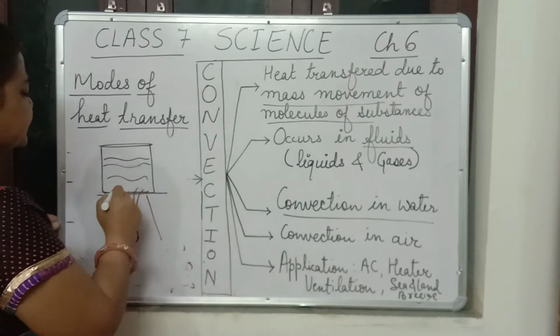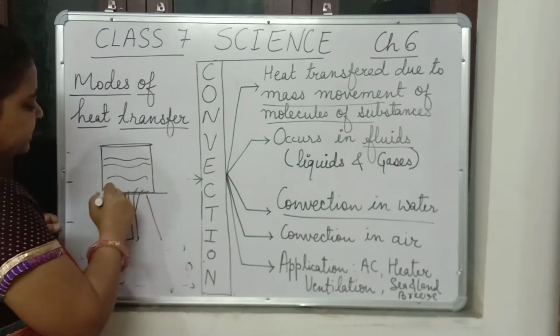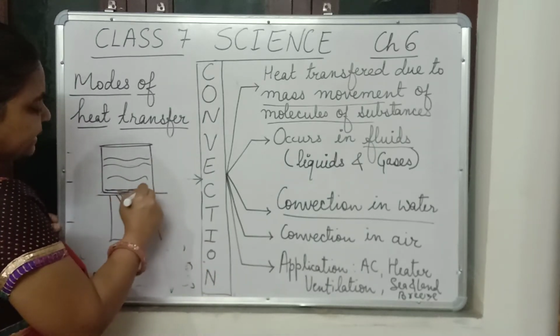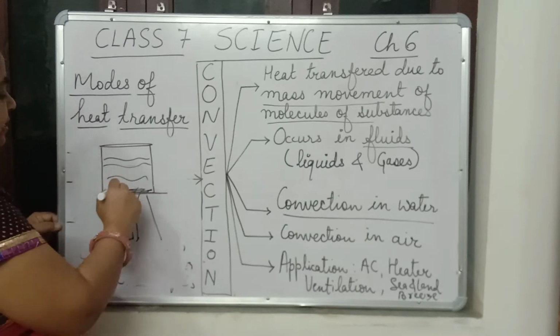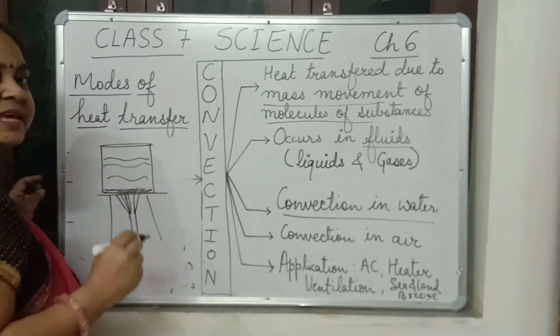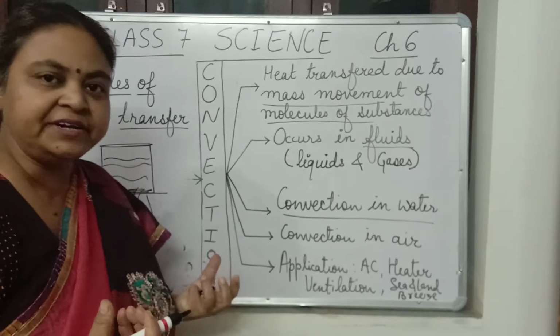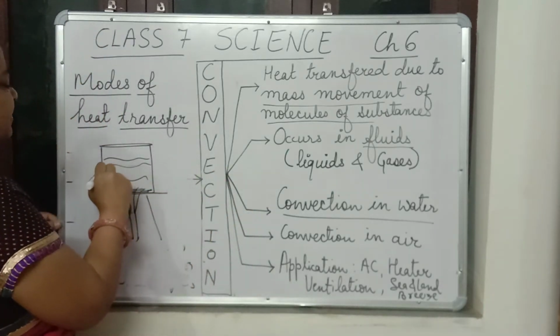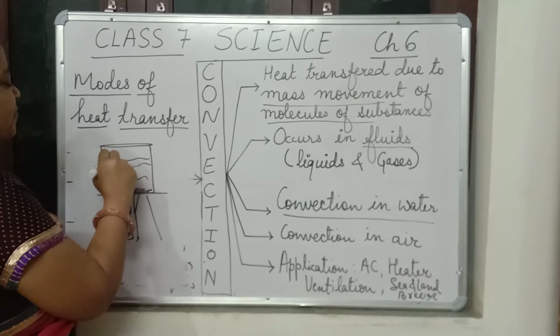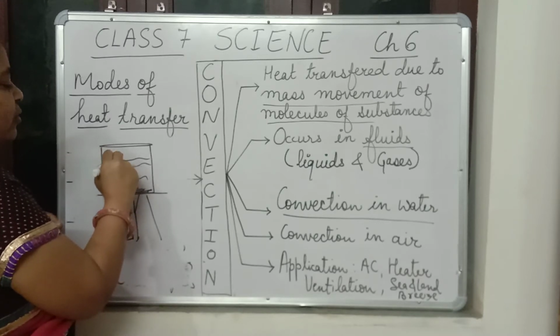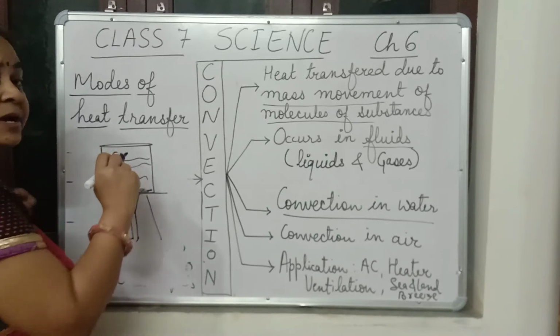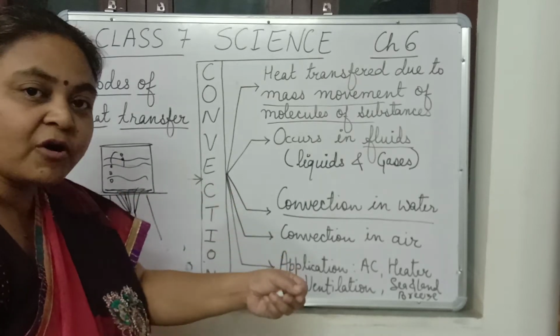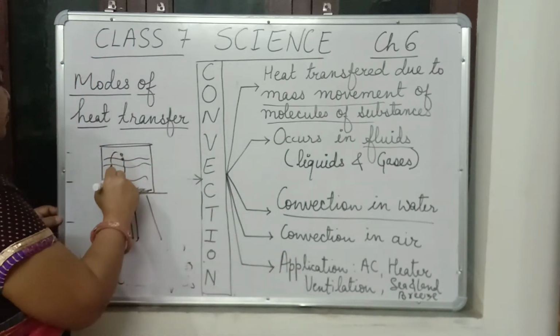Now when the flame heats, these water molecules get heated up first. These heated molecules become lighter, they expand and they move upwards. So the movement of these molecules is in the upward direction, whereas the colder molecules, they are heavier in comparison to the hot molecules, so they will come down, right?